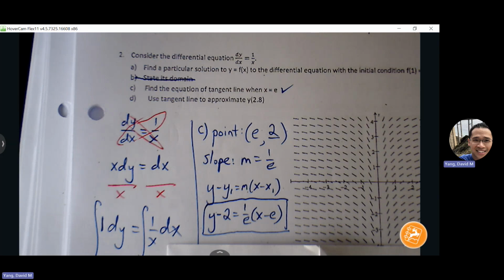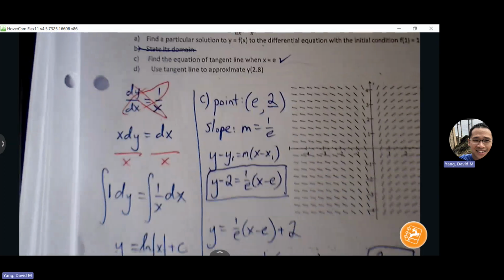And now part D, it says approximate y of 2.8. So there's an easy part here. How can I do that linear approximation? Again, plug in 2.8 in for x. Yeah, that's the x value. And then the rest is your calculator. Get that decimal approximation using your calculator.